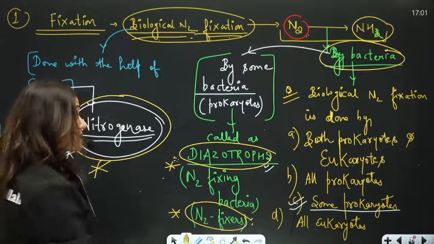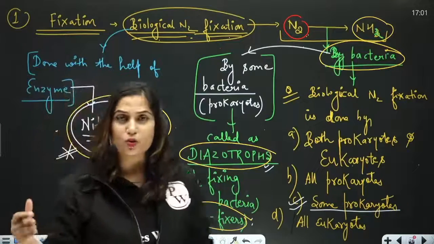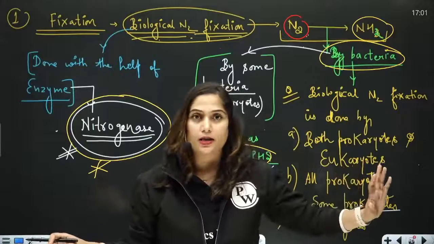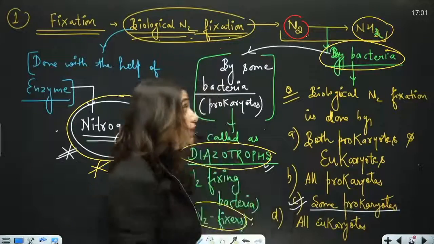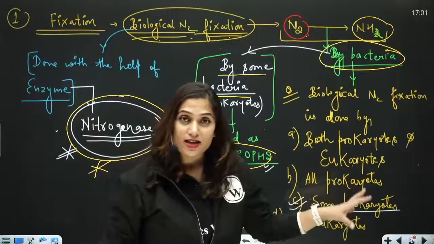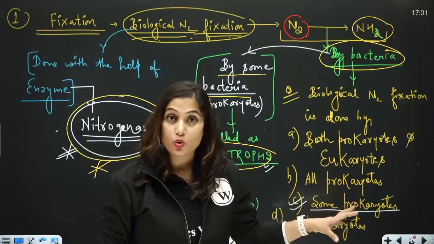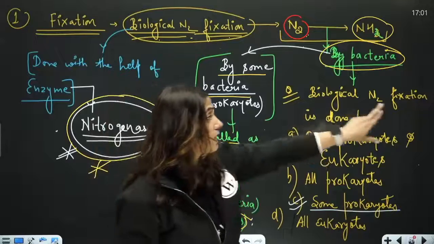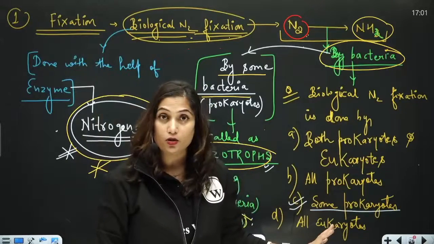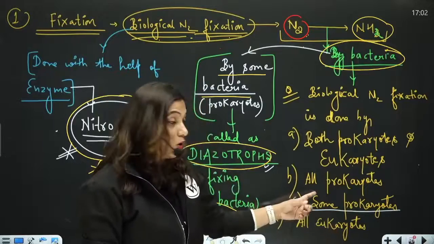Right? And this is not done by all bacteria. The question comes: is biological nitrogen fixation done by all bacteria? No, only by some bacteria. And this capacity is not with the eukaryotes. Is it done by both prokaryotes and eukaryotes? No. All prokaryotes?